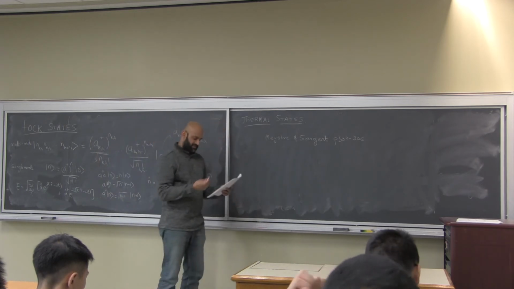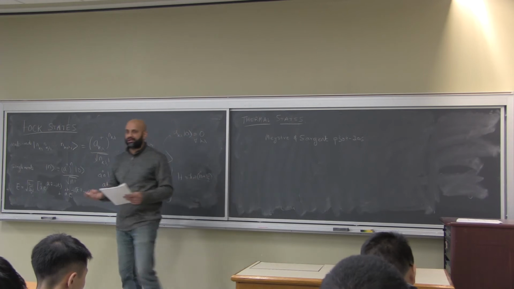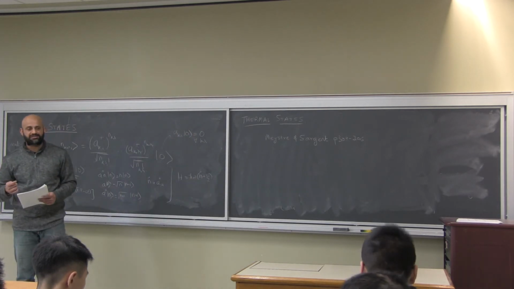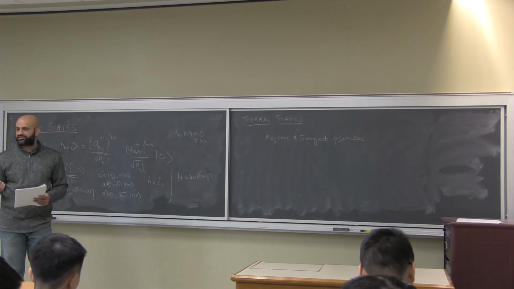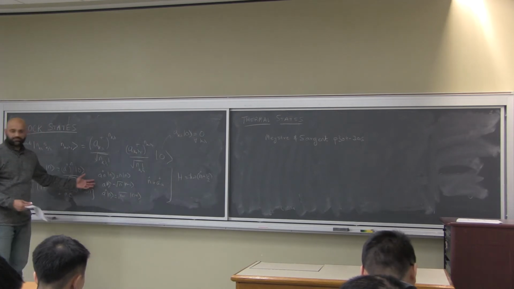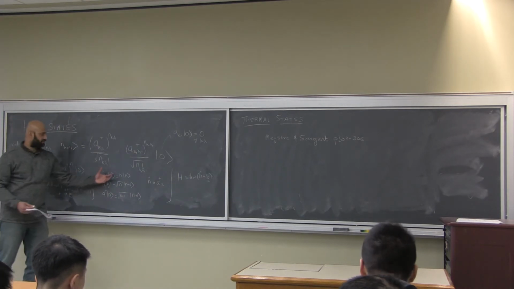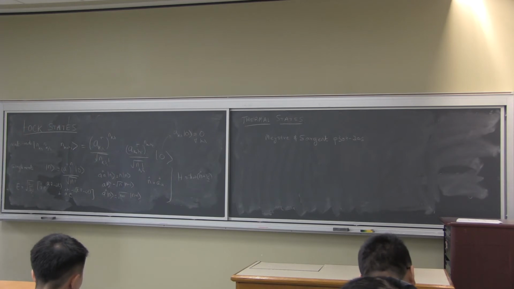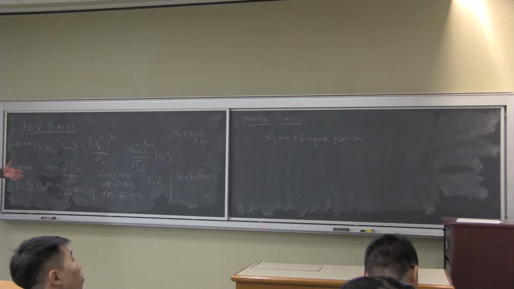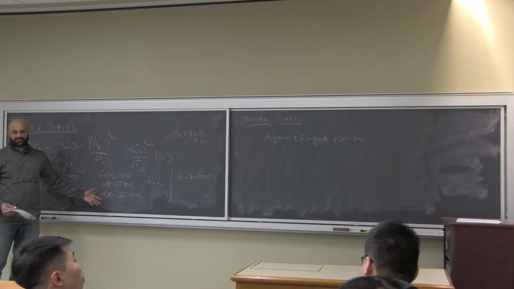Since it's a thermal state of light, remember I explained in the last class that you can have different states which are pure states. So a Fock state is a pure state, right? Because it is definitely a state which does not have different probabilities to be in the various number states.